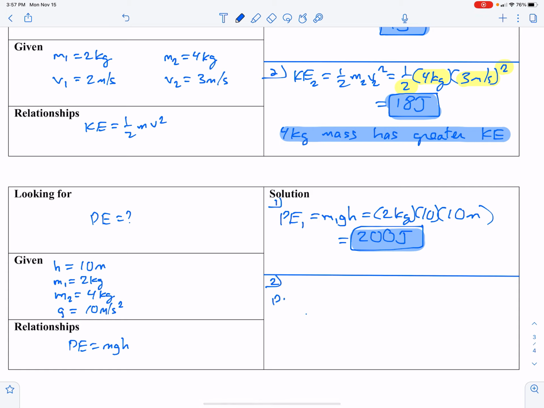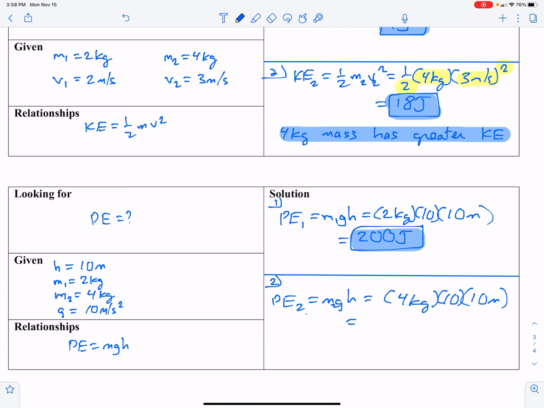For object 2, four kilogram mass times 10 for G, and then times 10 meters high.